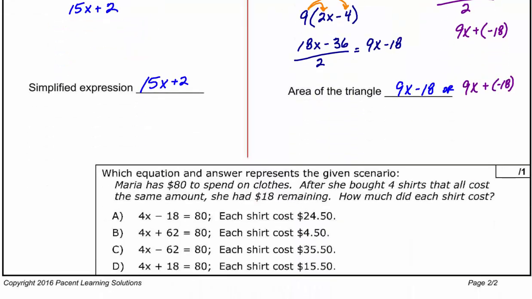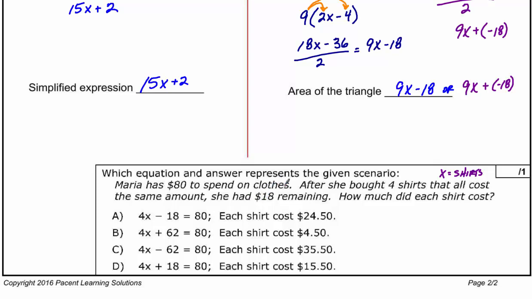All right, down to the very bottom. Which equation and answer represents this scenario? Maria has $80 to spend. After she bought 4 shirts that all cost the same amount, I'm going to make x the shirts. So after she bought 4 shirts that all cost the same amount, she has $18 left over, 18 remaining.